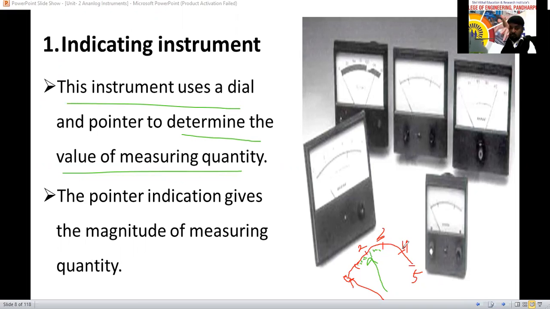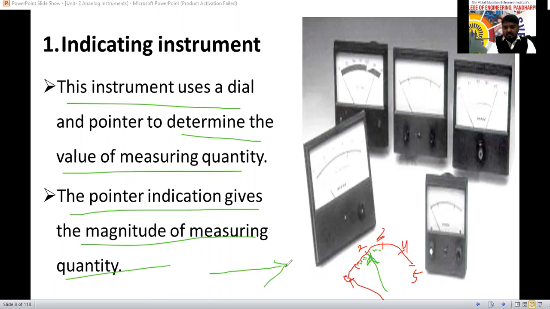The pointer, this one only in the V shape, we are going to point out where it should show that value here. The pointer indication gives the magnitude of the measuring quantity here. Suppose I give the arrow mark here. This is the point here. The pointer is going to indicate the value of that particular measuring parameter, measuring quantity.